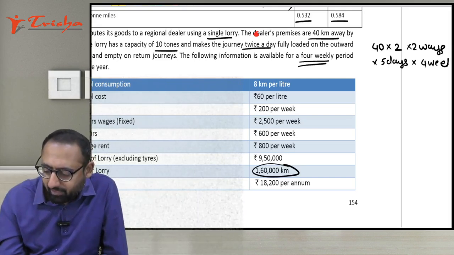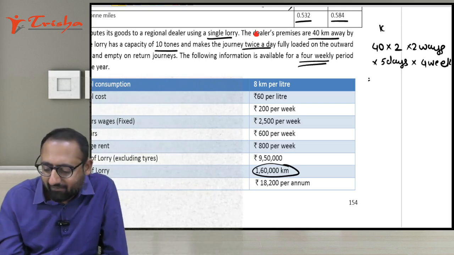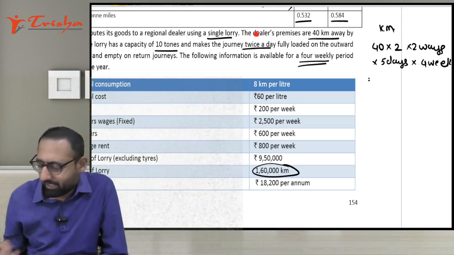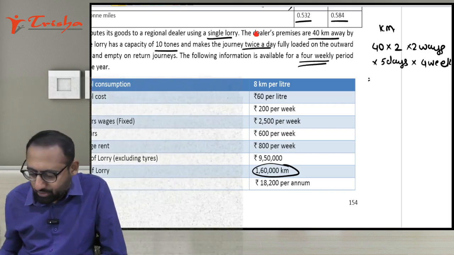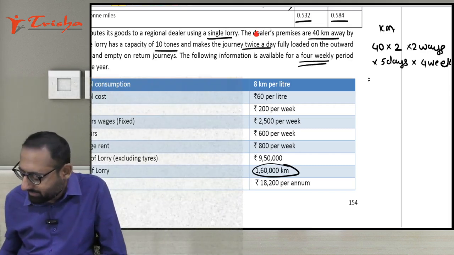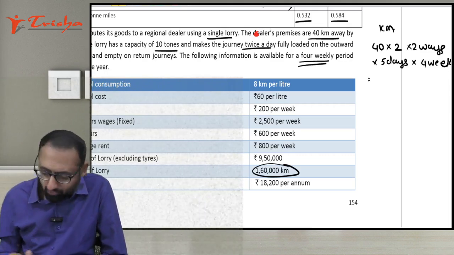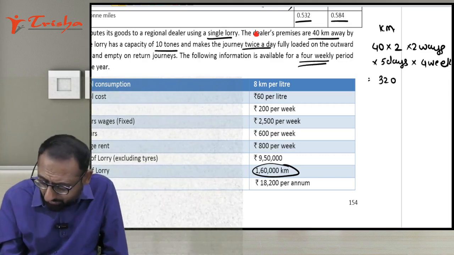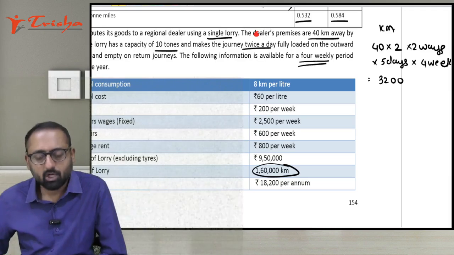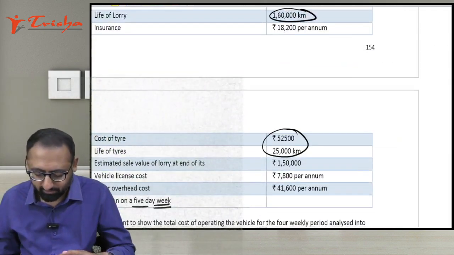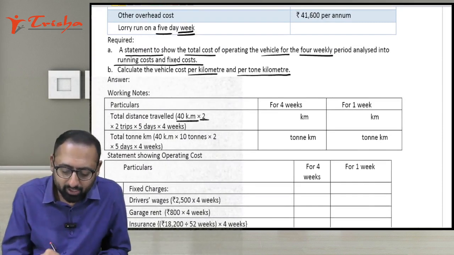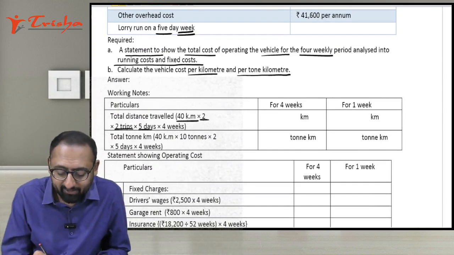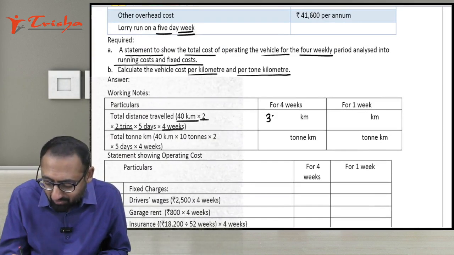So 40 multiplied by 2 multiplied by 2 multiplied by 5 days multiplied by 4 weeks comes to 3,200 kilometers. You can check that.